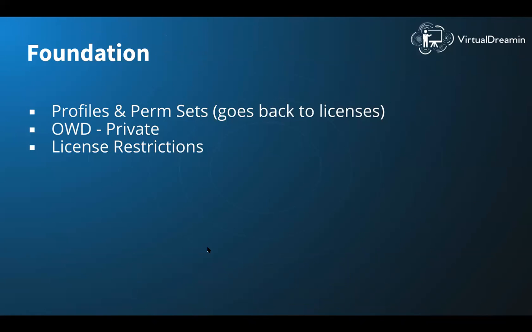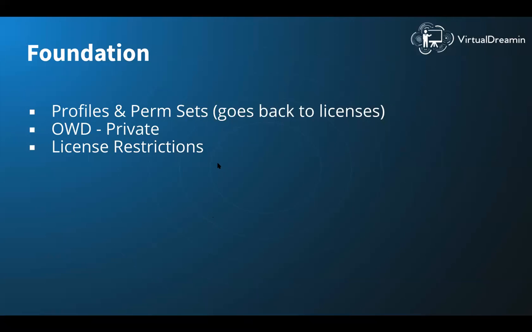And again, this is just somewhat of a foundation for your visibility. Profiles and perm sets will have restrictions on them based on the license type selected. Your org-wide default for external sharing should always be private. There's just too many possibilities for your data being exposed. Go private and then open up visibility.